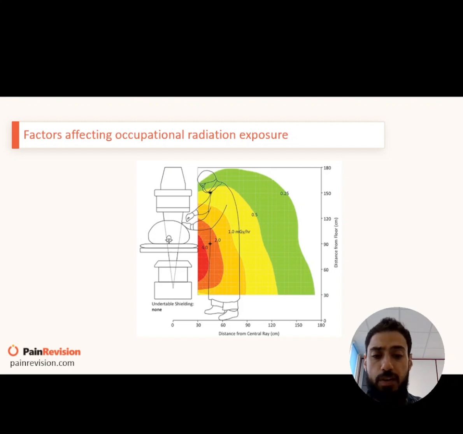And actually, this is a very good image to look at because you can see here, even as you're standing, the exposure that you're getting or your hands are getting can be much higher than what your back is getting. And so one thing to have in mind when you're doing X-rays is to try and keep your hands away from the source, and if possible, if you want to take still images, try and walk far from the X-ray source, take the image, and then come back closer to then carry on the procedure.